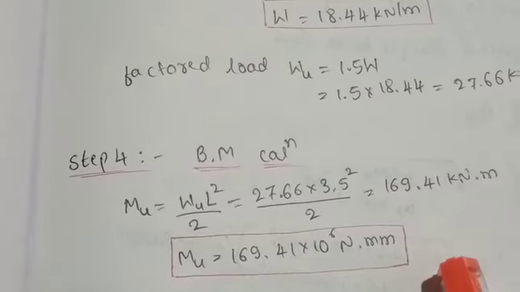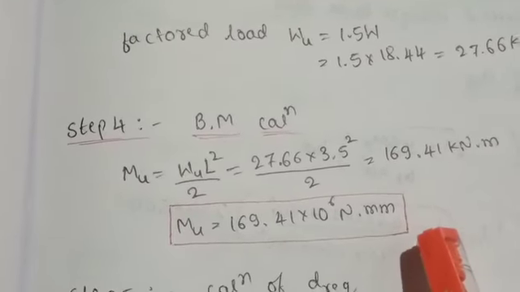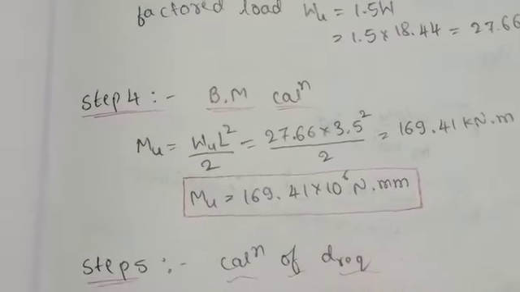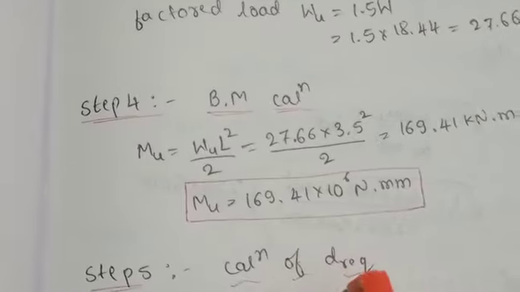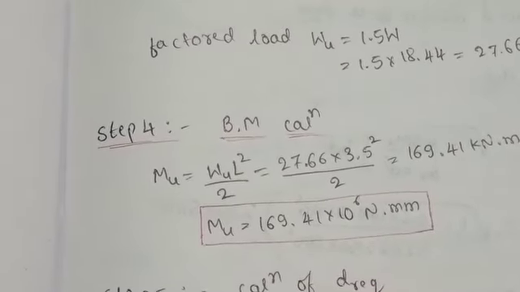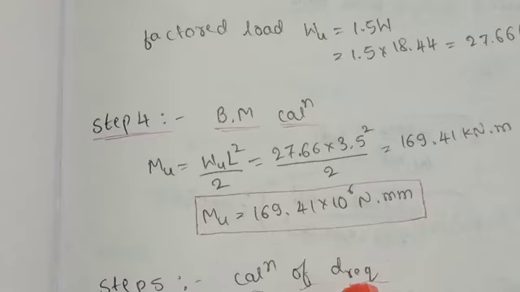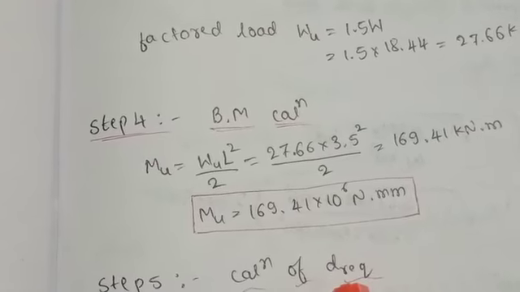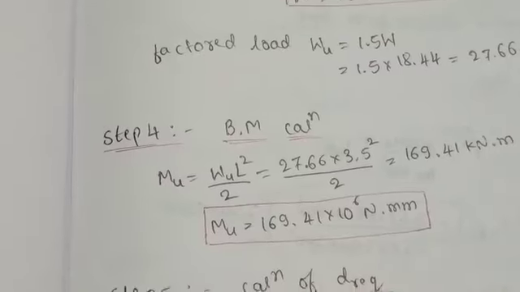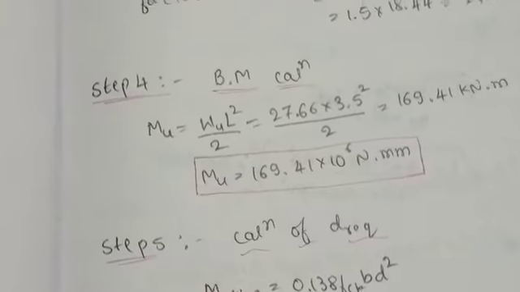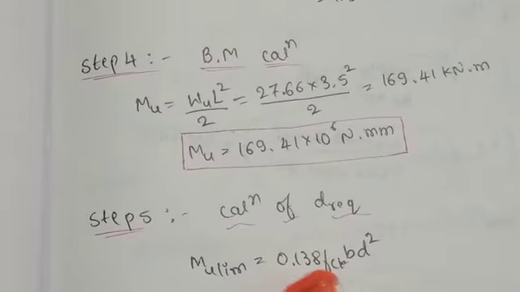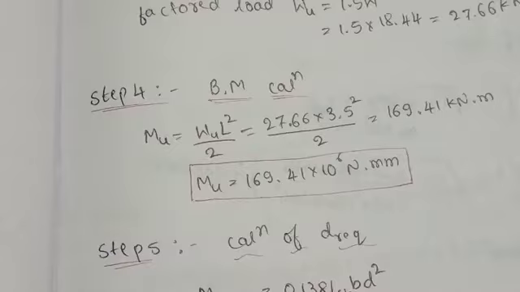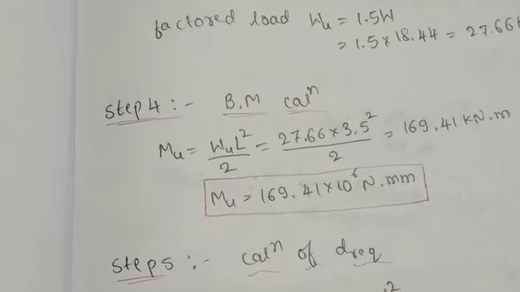The next step, step 5, is to calculate the D required. We need to check whether the D we have provided is sufficient to carry this moment or not. By using the formula Mu limit is equal to 0.138 FCK B D square, we will calculate the D required.